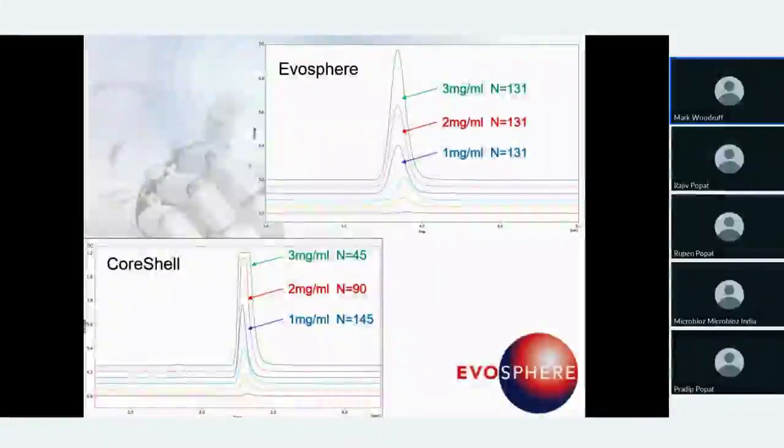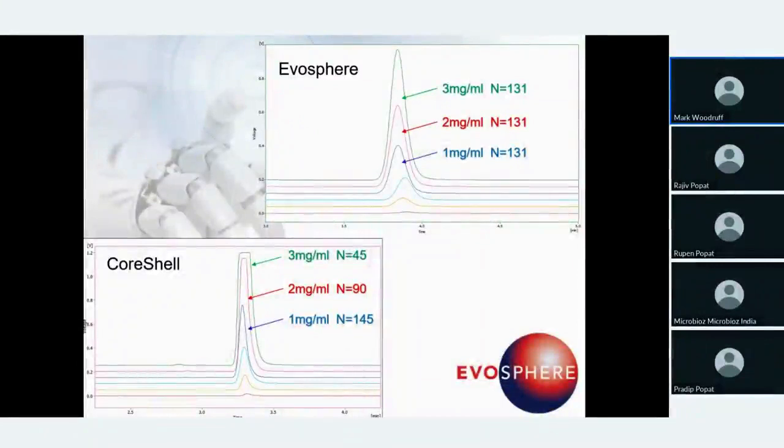So if you lose the efficiency because of the loadability of these, either by mass or by volume overload, then obviously you will lose the resolution between your peaks very quickly.